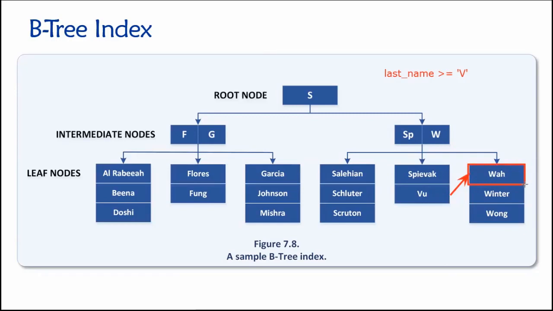Is this a record that I want? Yes. Is this a record that I want? Yes. Yes. So I can quickly assemble the list of results for a query like that without having to backtrack through the tree. I never have to go back up to the intermediate level and follow another path over here. It saves me a couple of additional steps and is a little more computationally efficient.